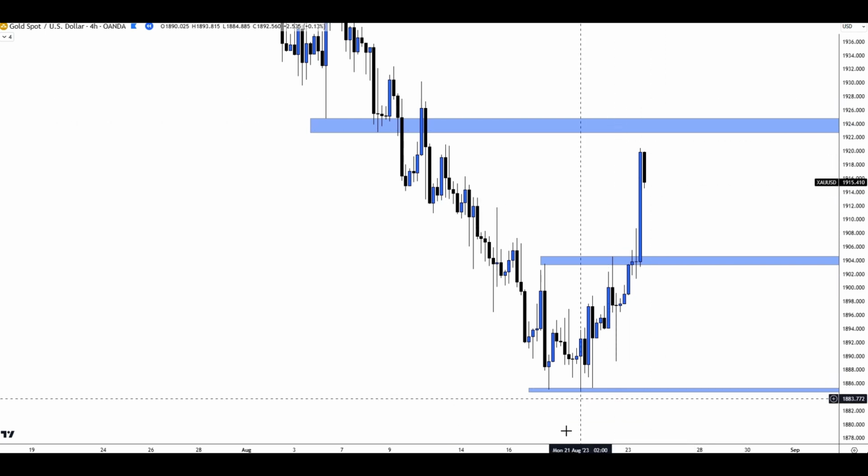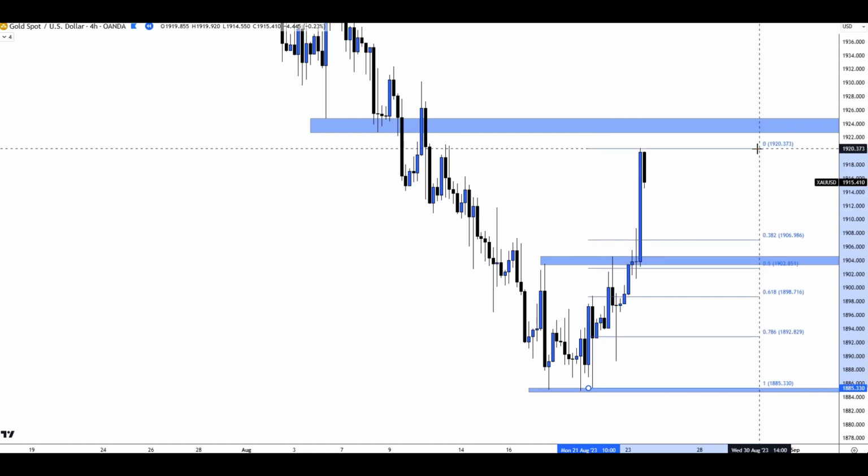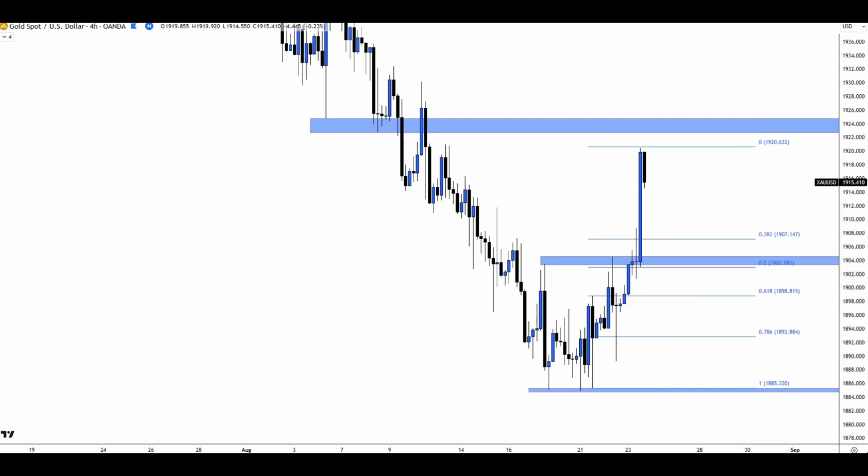Price pulls back. In this situation, if you really want, you could draw a Fibonacci. Once again, you could start drawing trend lines. Whatever confluences you use within the market, you can start to do. By looking at this example here, in and around this area, we have the key level break retest and also the 50 Fibonacci.